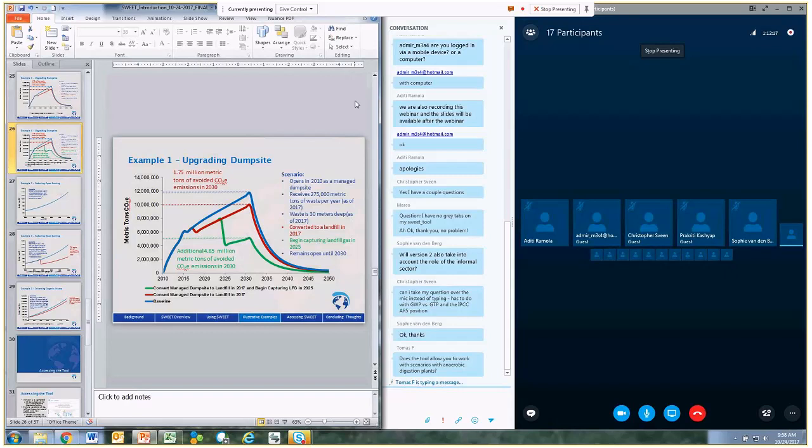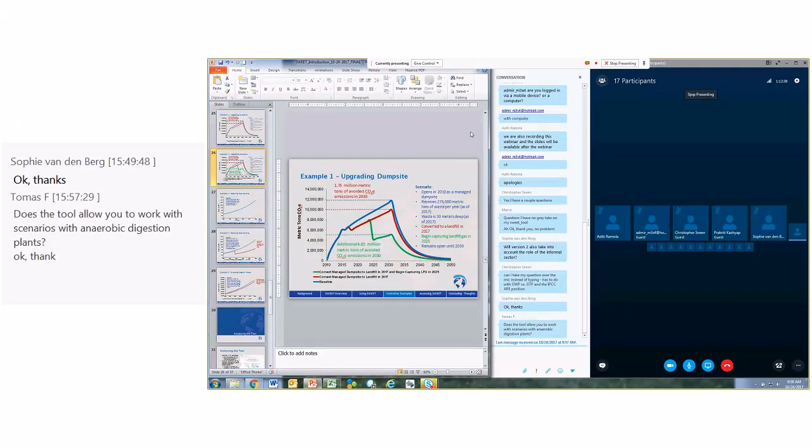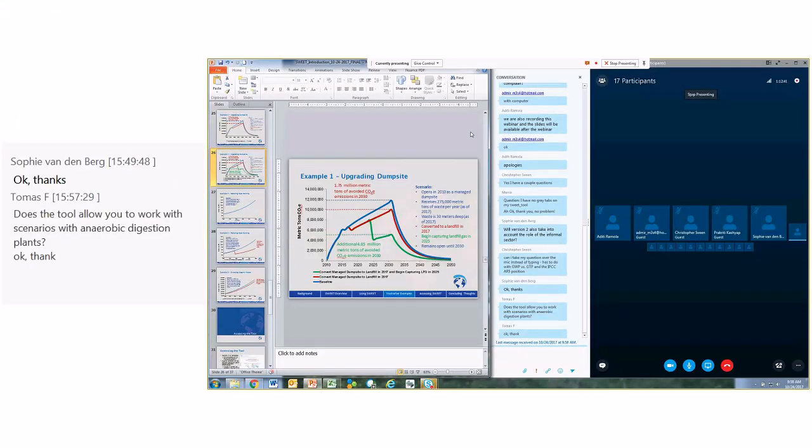So it does allow you to evaluate alternative scenarios, but the only levers that you can adjust when comparing those scenarios is how much waste is going to anaerobic digestion and what the composition of that waste is. Thank you.